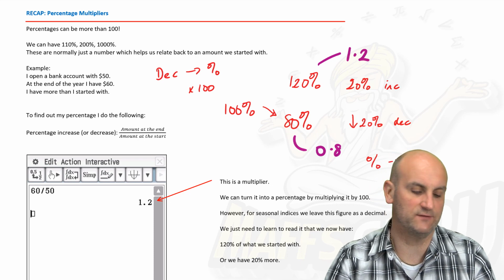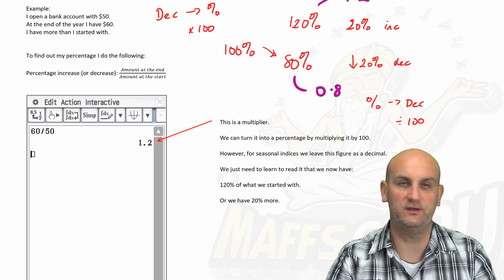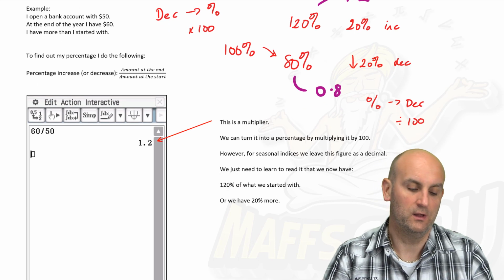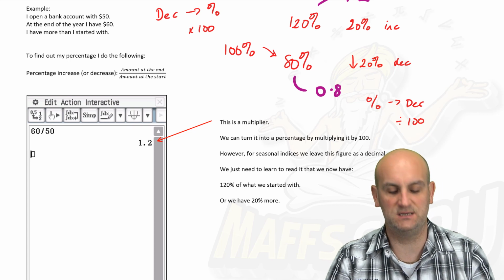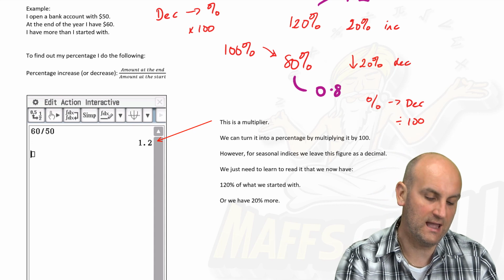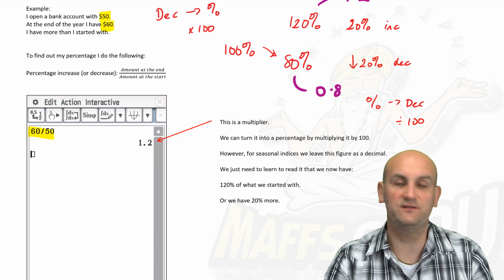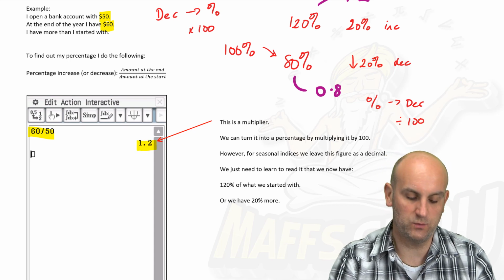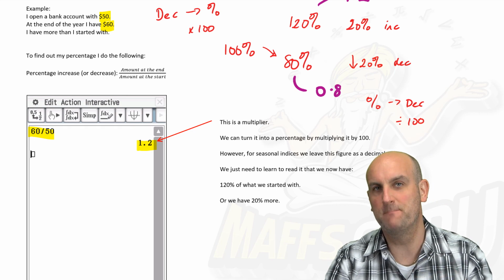So looking at this, I've come up with a quick example. If I open a bank account with $50, at the end of the year I have $60. How much more do I have than I started? Well, my percentage increase or decrease is given by, well, I had $60 at the end, $50 at the start. So if I do 60 divided by 50, I end up with this 1.2. So I've got 120% of what I started with.